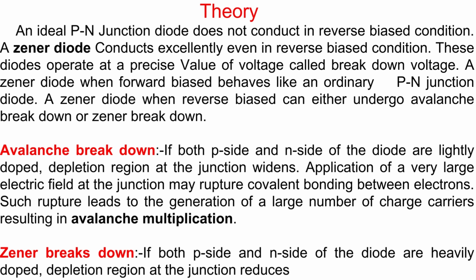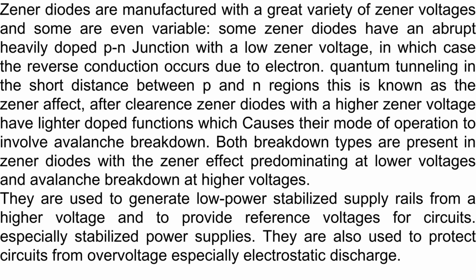Zener diodes are manufactured with a great variety of Zener voltages, and some are even variable. Some Zener diodes have an abrupt, heavily doped p-n junction with a low Zener voltage, in which case the reverse conduction occurs due to electron quantum tunneling in the short distance between p and n regions.